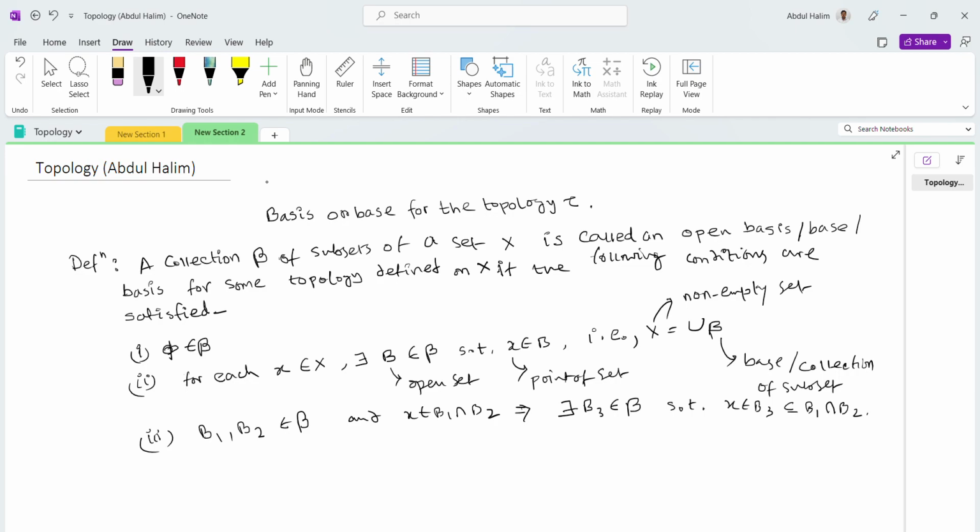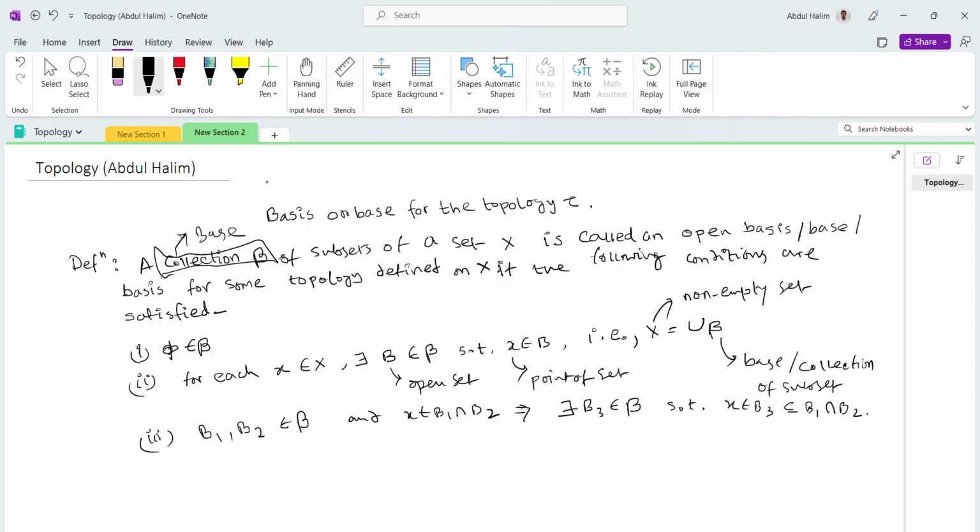If the three conditions are satisfied, then we say that this collection will be called a base. This is the definition of basis or base.